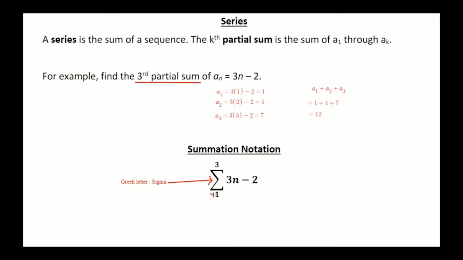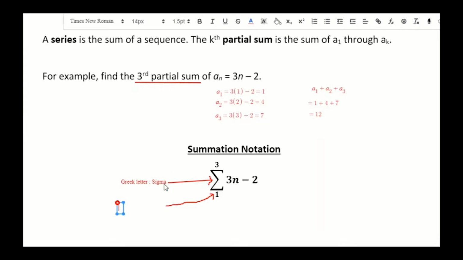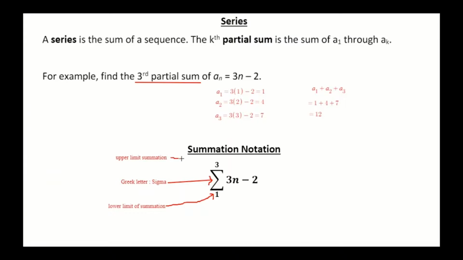This number on the bottom here is known as the lower limit of summation. In other words, that is the number of the first term you're supposed to add up, and the number of the last term you're supposed to add up is called the upper limit of summation. So that's this number right here.